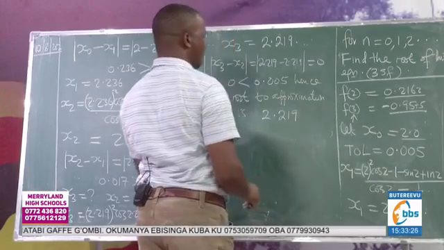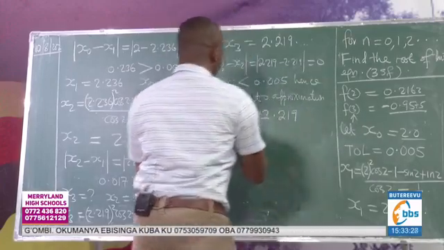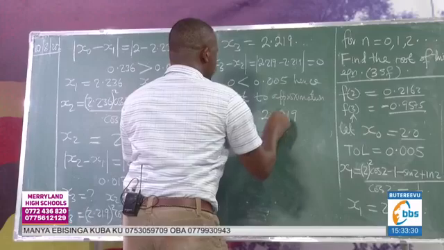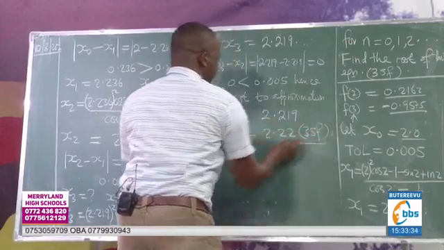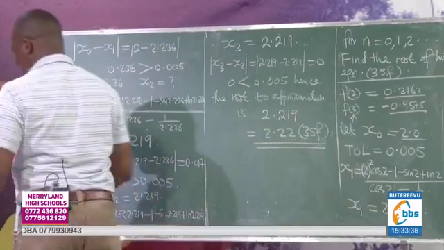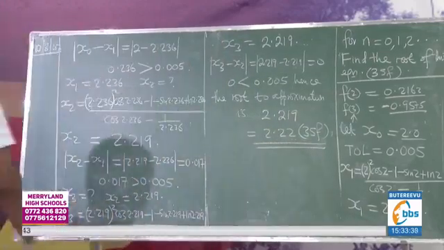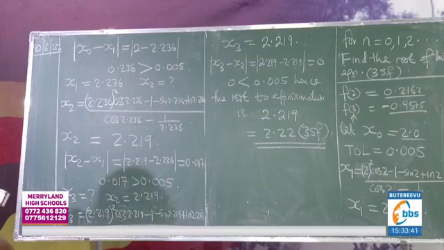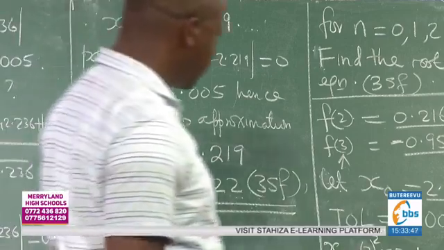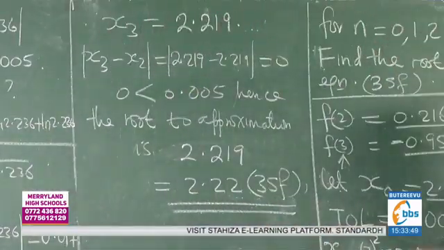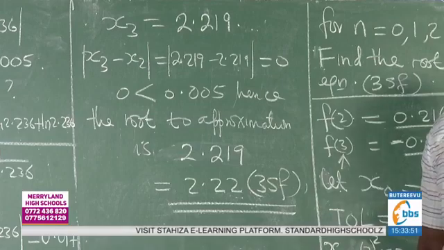They say to 3 significant figures, which will be 2.22. That will be the root for the expression that we have been working through.